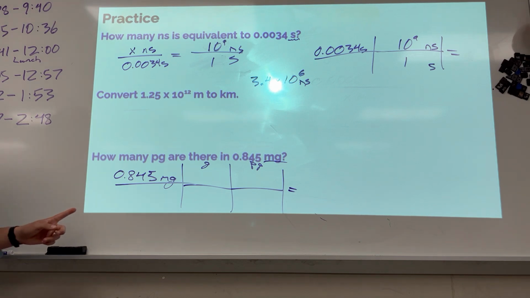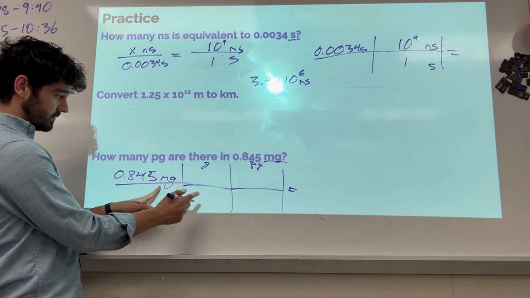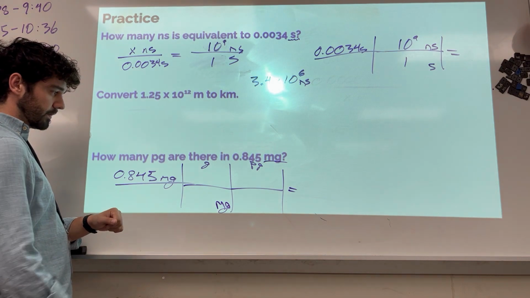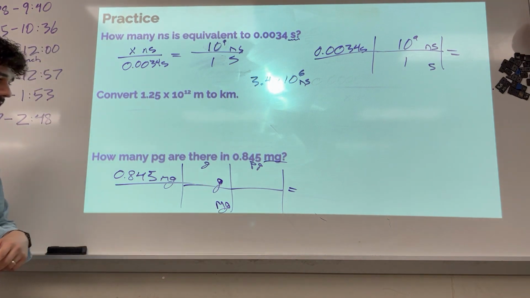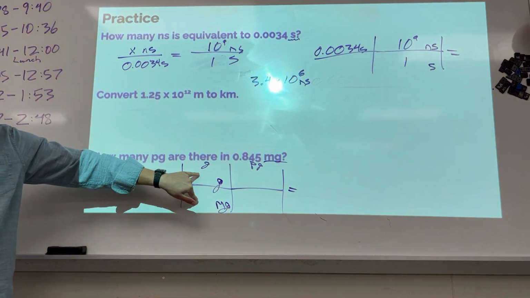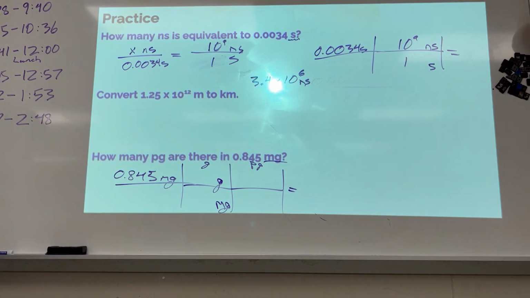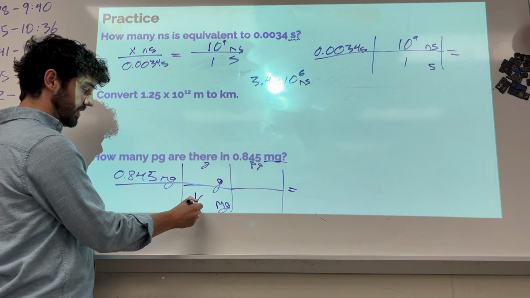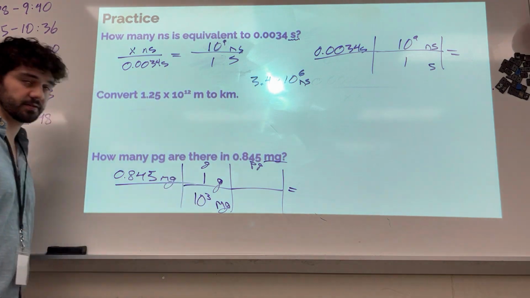Okay, so I want to cancel this unit. So I'm going to put it down here, right? We're getting rid of it. And I'm going to grams. What's the ratio of grams to milligrams? 1,000 milligrams is 1 gram. 1,000 of these in one of those.